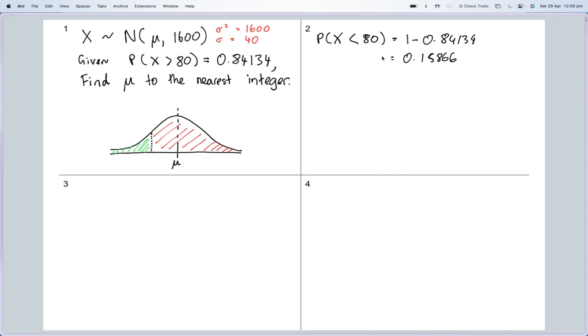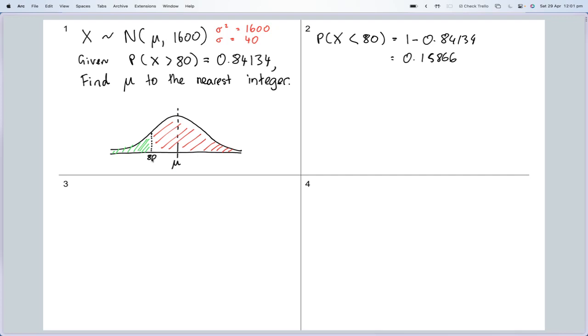Now we have an area to the left of this value here, and that's exactly what we want. This value is 80. It also tells us, just based upon our logic, that mu must be bigger than 80.